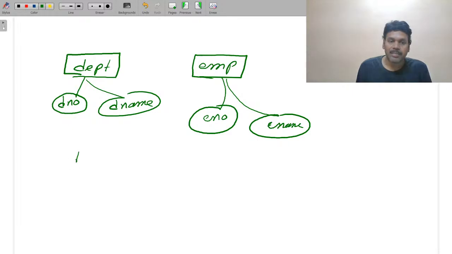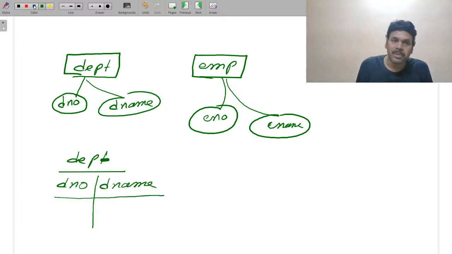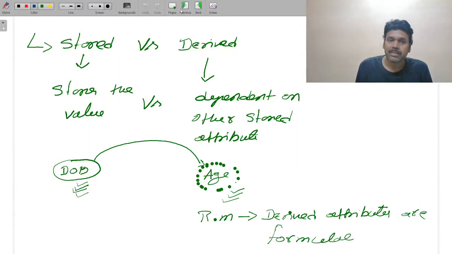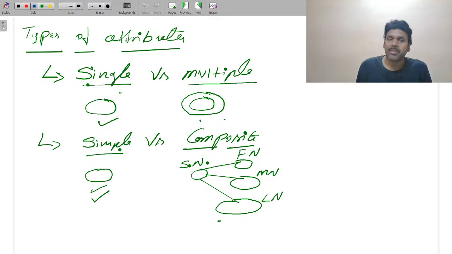Now I want to say that the department table is identified, the department number must maintain uniqueness. So we see that the department number is a key for us. When you say the department number is a key, then you underline this. And please observe carefully, if I remove it, this is a normal attribute only. If I remove this, this is a normal single valued attribute only.